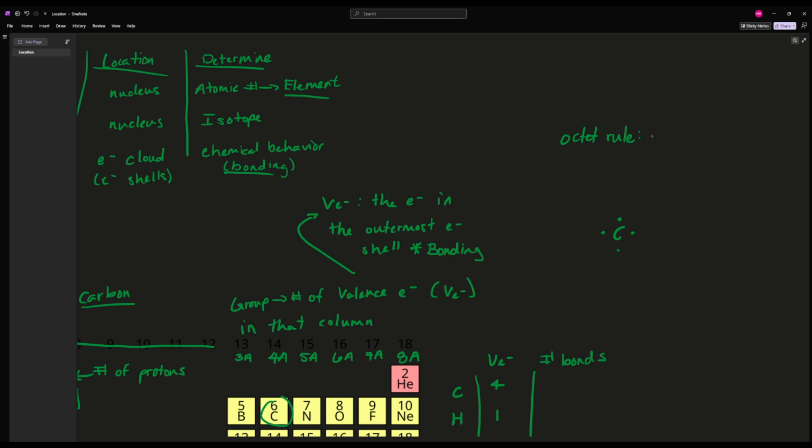For most elements, that is 8 electrons, and this yields stability. You will find that this is not always true, and we will talk about it when we look at hydrogen. So, for carbon to achieve a maximum of 8, it needs 4 more electrons.